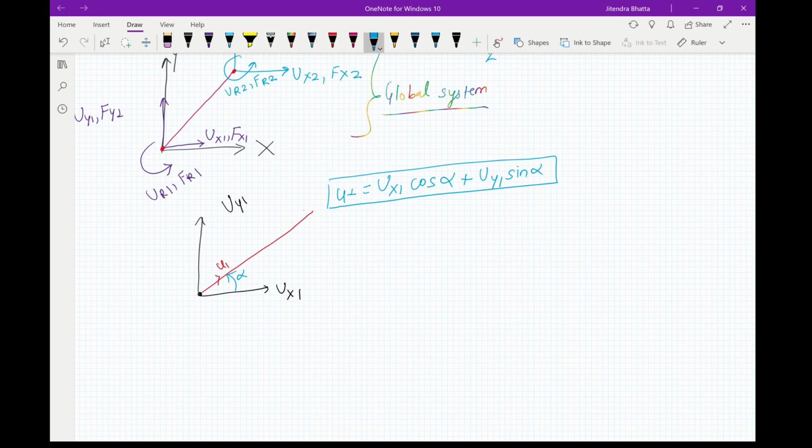This will be your u1 in this direction, when you apply a global displacement of Ux1 in this direction and Uy1 in this direction.